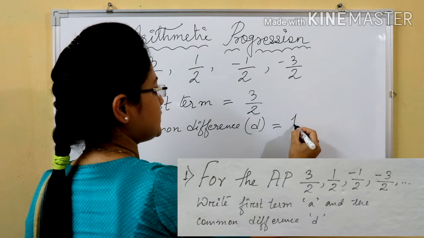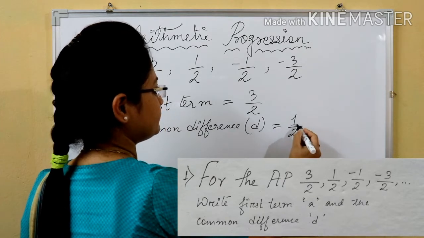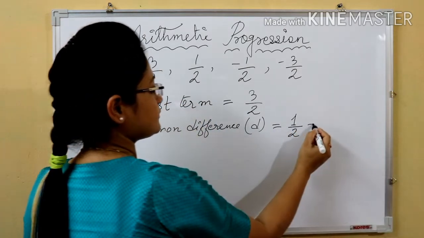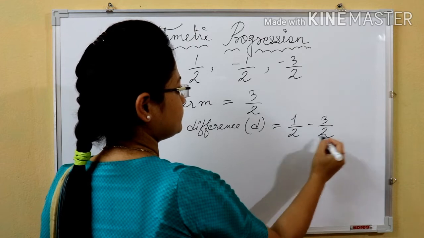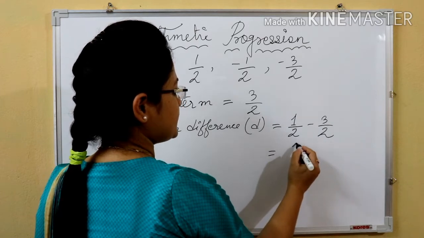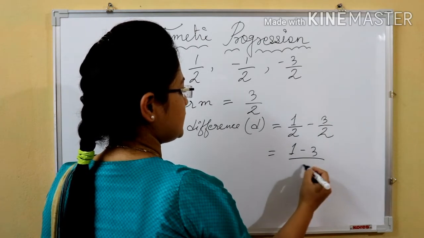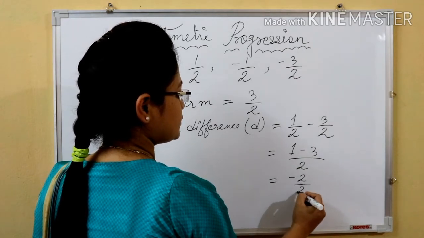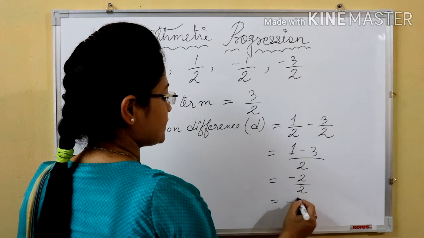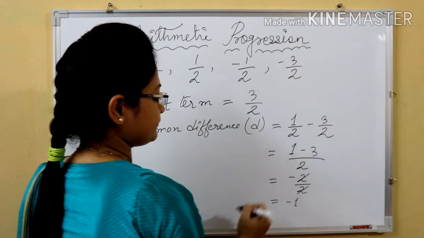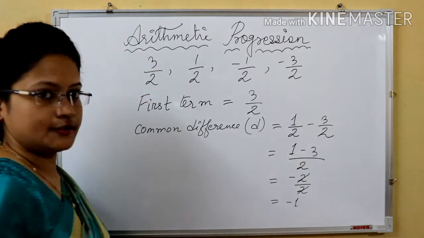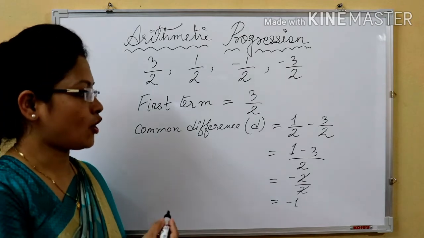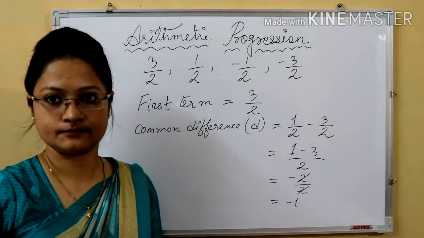That means second term 1 by 2 minus 3 by 2. That means 1 minus 3 by 2, which is minus 2 by 2, that means minus 1. So we got our first term, that is 3 by 2, and the common difference is minus 1.